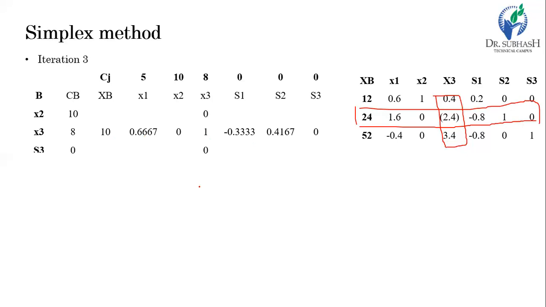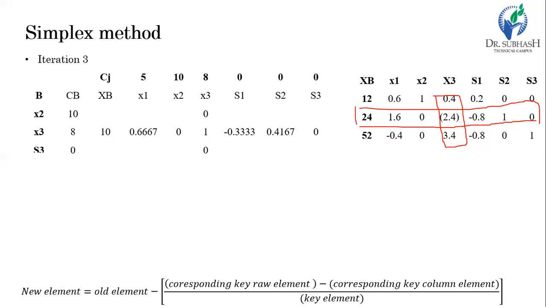And for all the remaining elements, consider the equation: new element equals old element minus the corresponding key column element multiplied by the corresponding key row element divided by the key element. For calculation purposes, suppose you want to calculate this element, which is considered as a new element.